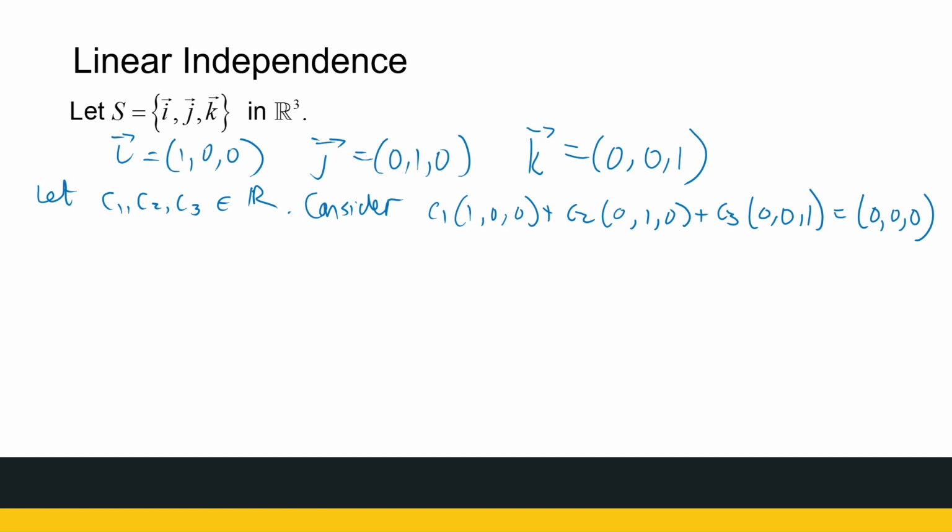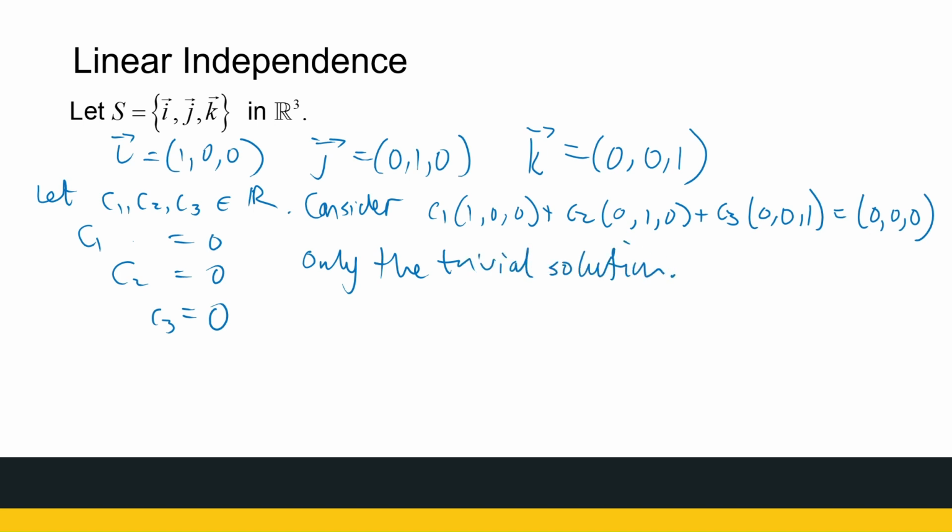Then I can say that that set S is linearly independent. So let's see. What would the system of equations look like? I would have C1 equal to 0, C2 equal to 0, and C3 equal to 0. This is a very simple one. Very obviously, the system of equations generated by the vector equation has only the trivial solution.